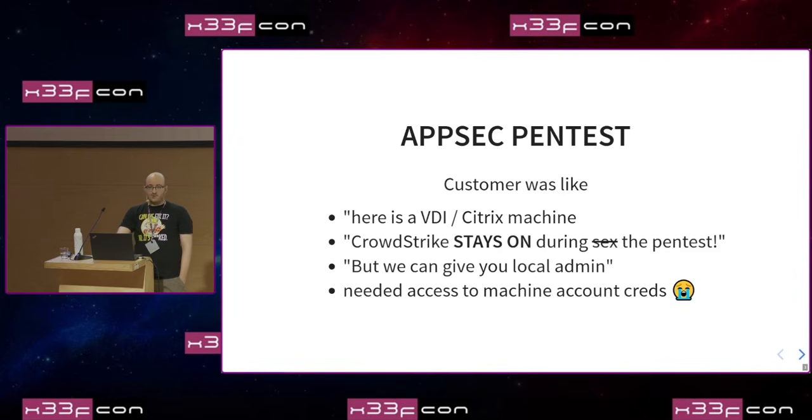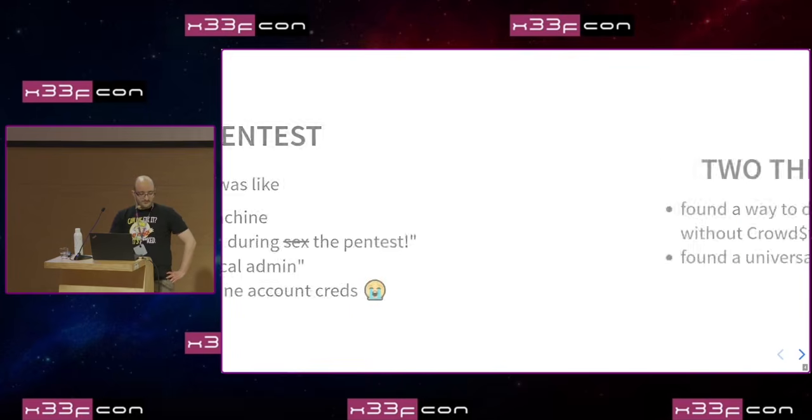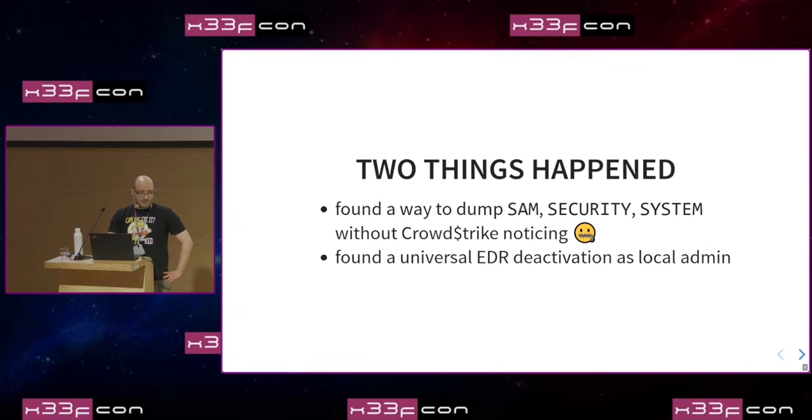So the test was going fine, but at some point I needed to access the machine account credentials from the machine. And then I had to get around CrowdStrike, because otherwise you can't get to them. And then two things happened. First of all, I found a way to dump the SAM, security and system hives without CrowdStrike noticing. But how exactly, this will be a secret.